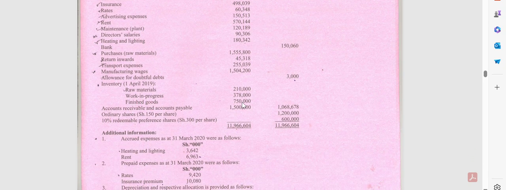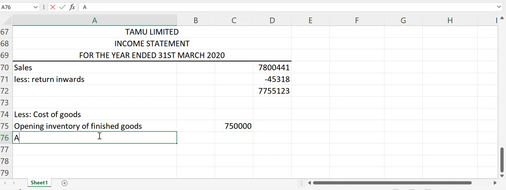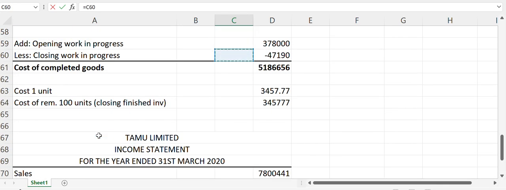Here you can see it is 750,000. So you record it there, 750,000. Then you add cost of completed goods. You don't use purchases here. Now you use the cost of completed goods from the manufacturing account. And here it is.